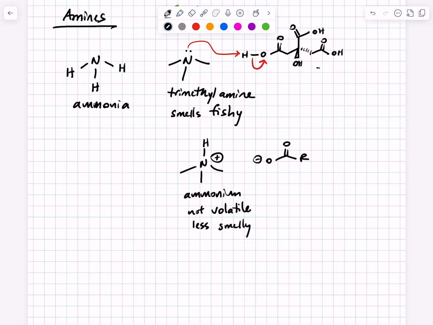And if you want to do an experiment, take you and a friend and go to the seafood counter at whatever grocery store, pick a fish that still has a head with eyes in it, and then wrap it in foil. And you've got 2 fish, right? You need a control experiment. You do the one where you squeeze out a lemon all over the fish, wrap it in foil, and then you're going to put that fish in the trunk of your car.